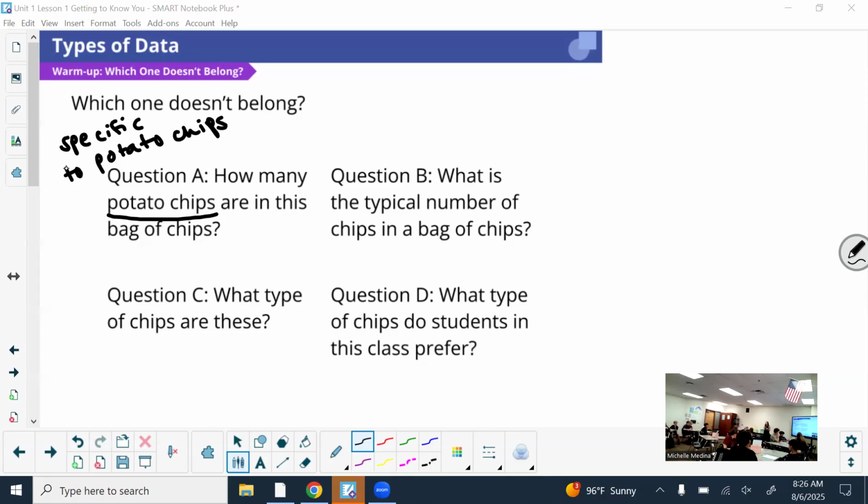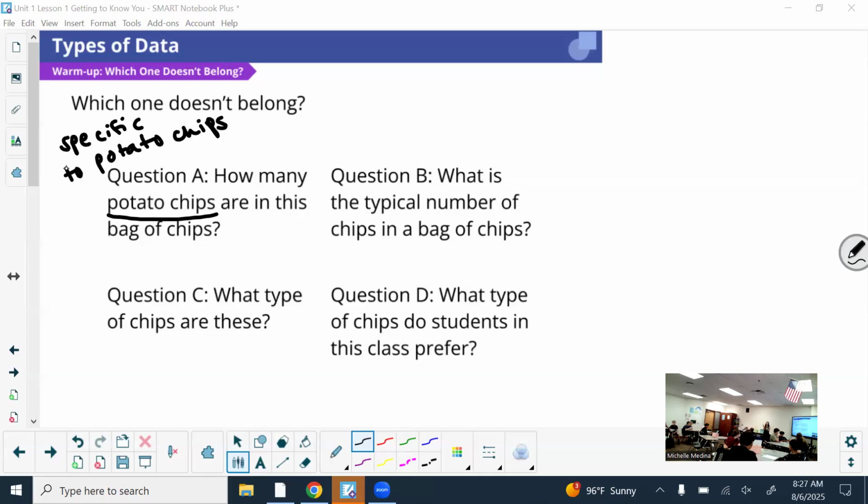If I asked how many students are in this class, should we have different answers from each other? No, right? That's not actually 7, 8, 10, 11, 12, 13, 14, 17, 18.